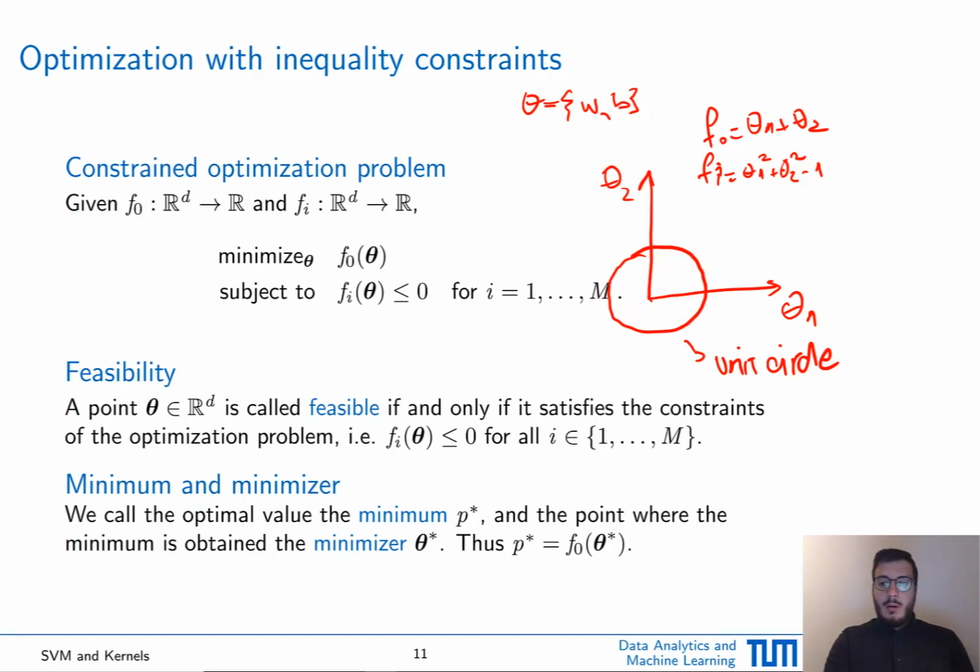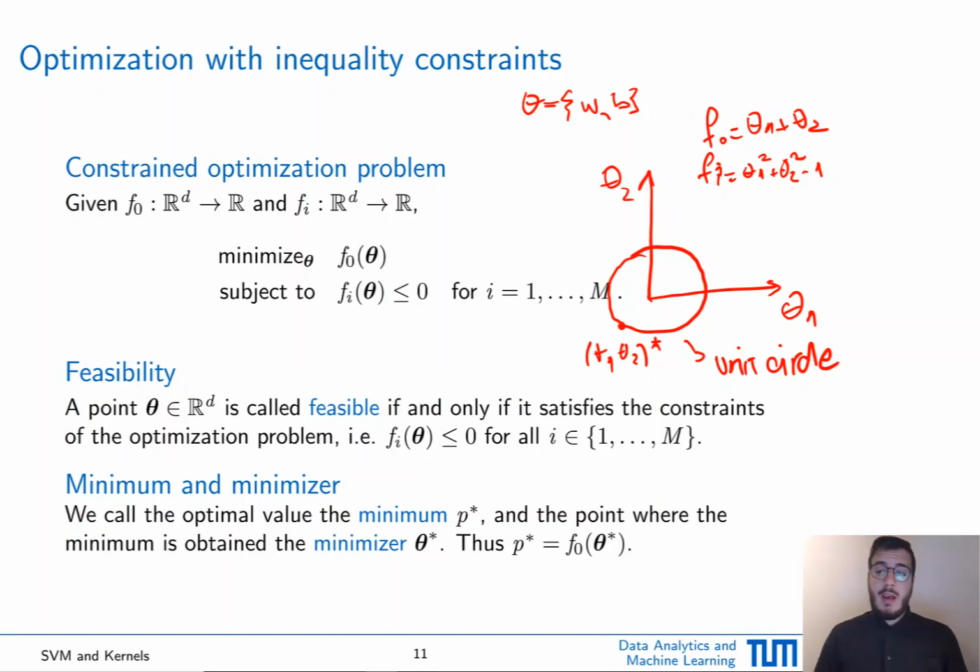Then looking at the points that satisfy the constraint, the point that has the smallest objective value, or in this example, the smallest value of theta 1 plus theta 2, will be a point somewhere over here, and this will be our theta 1, theta 2 star. And the value of f0 at this point will be p star.